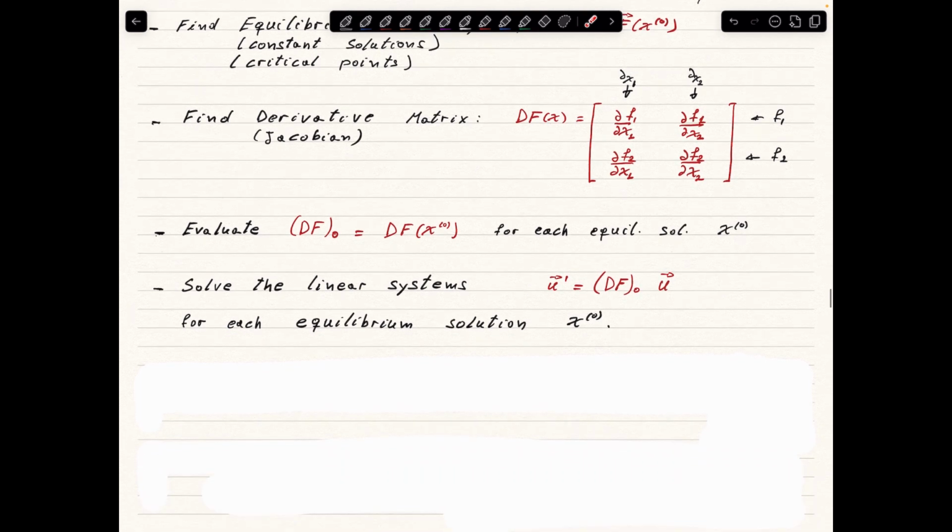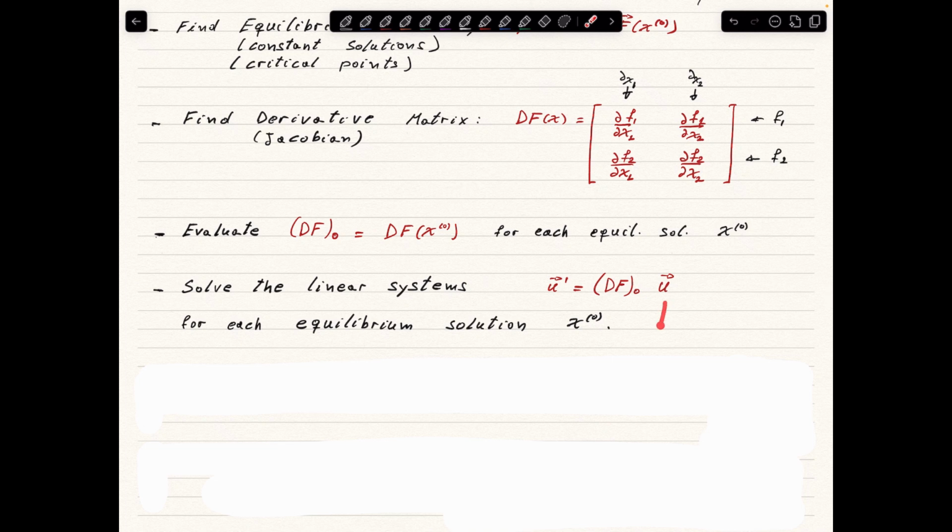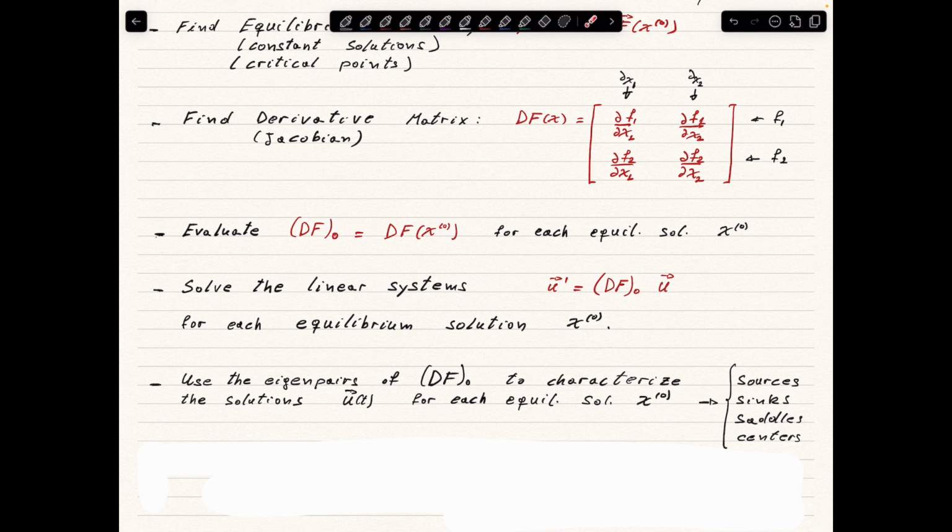What we are going to do next is study these solutions of the linear system. Solutions of linear systems we know how to compute, so we can study those solutions, and we are going to use the eigenvalues and eigenvectors of the coefficient matrix, which is the Jacobian evaluated at critical points.